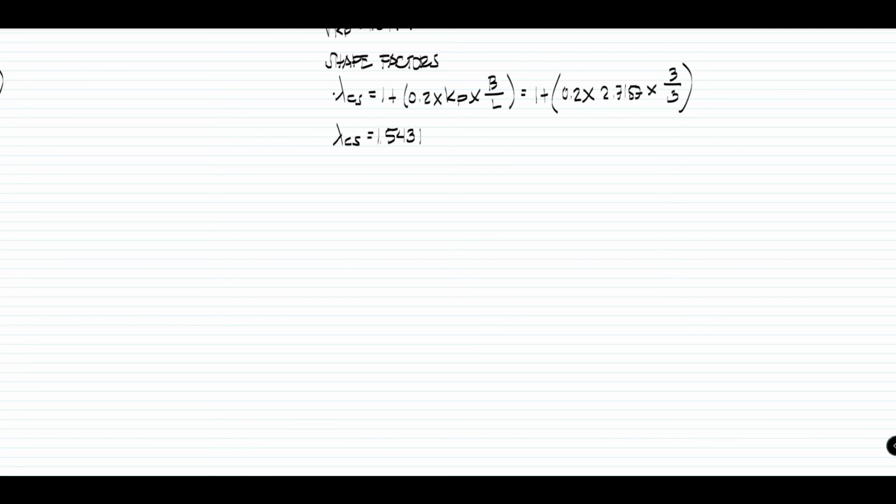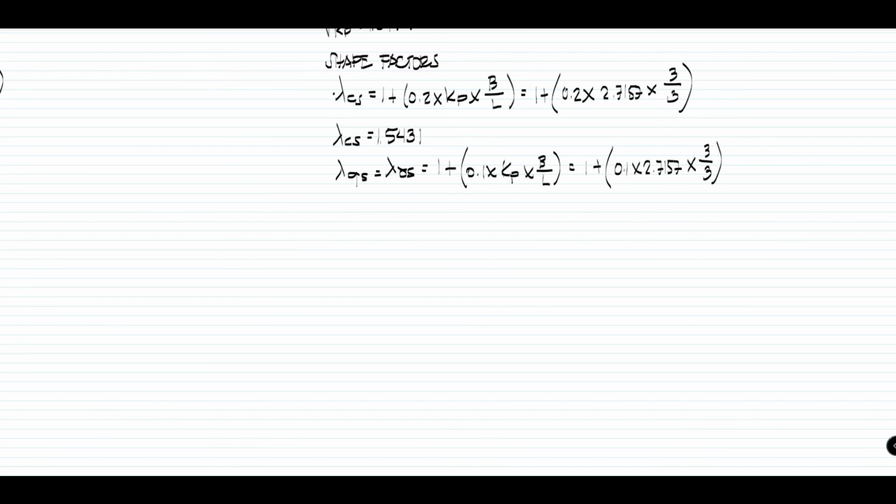Then, our lambda QS and our lambda gamma S will just be equivalent to 1 plus 0.1 times Kp times B over L. So that is equal to 1 plus 0.1 times 2.7157 times 3 divided by 3.